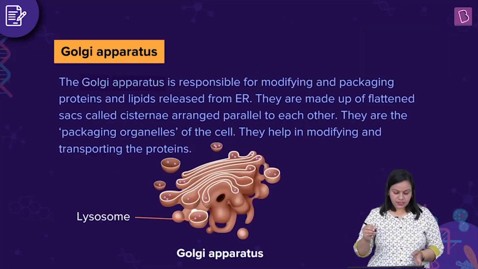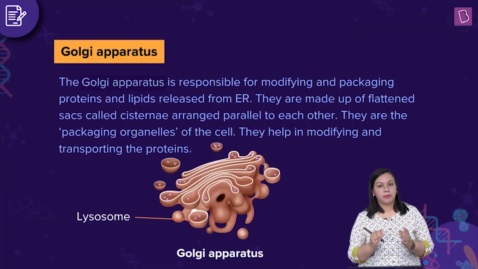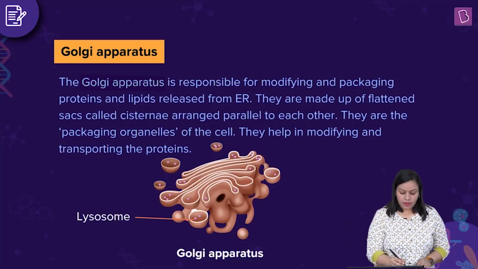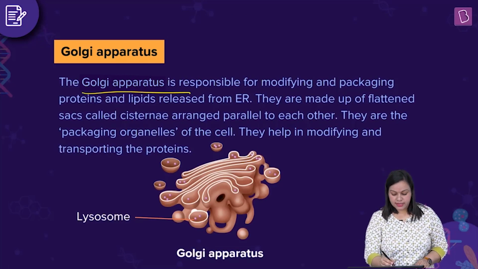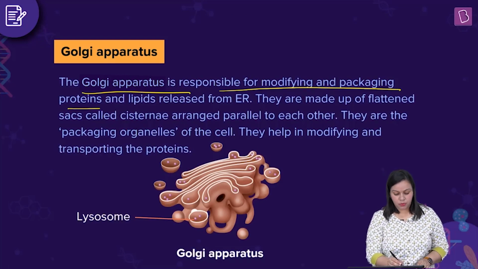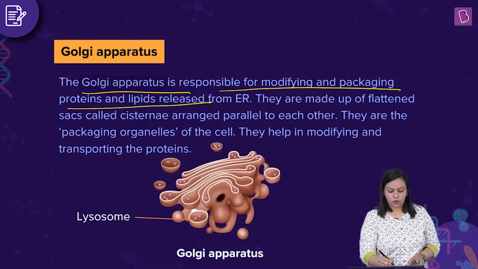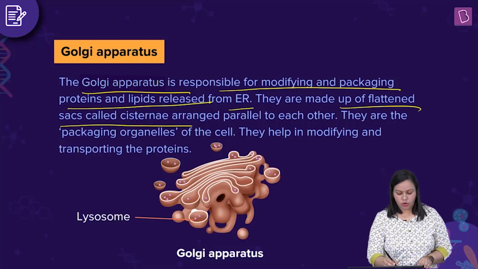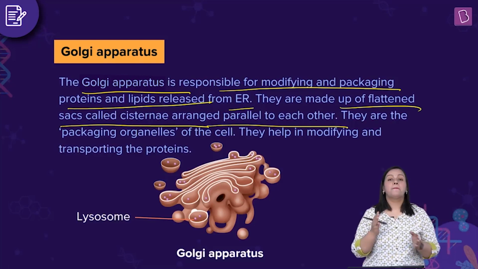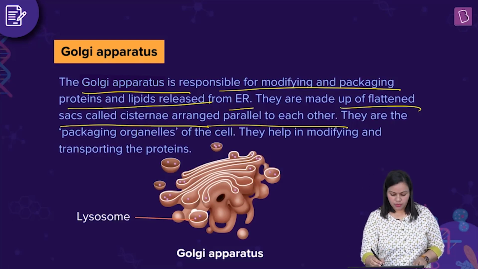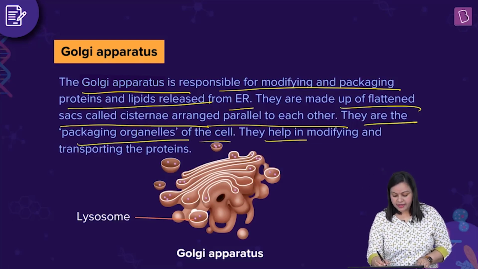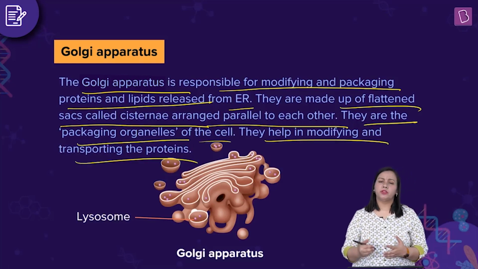Here let us discuss all the remaining options along with lysosomes as a summary. Golgi apparatus, the right answer, is responsible for modifying and packaging proteins and lipids which are released from the endoplasmic reticulum. They are made up of flattened sacs called cisternae which are arranged parallel to each other. They are the packaging organelles of the cell, and they help in modifying and transporting proteins as well as lipids.